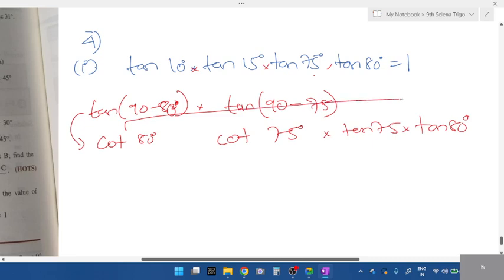Look here, cot 80 and tan 80. Write it together. Just a minute.